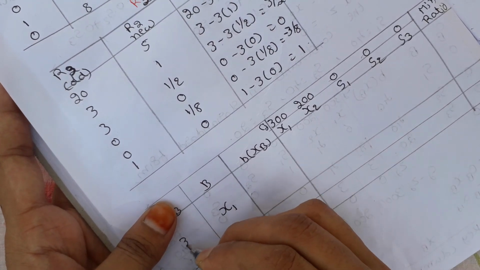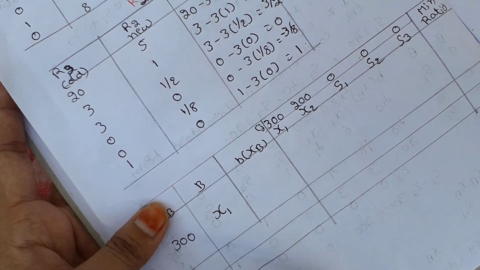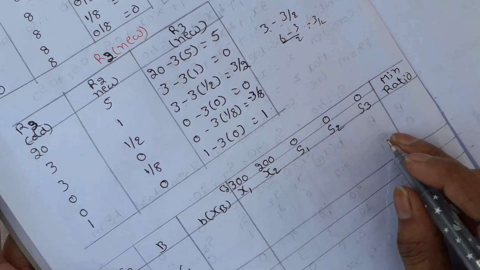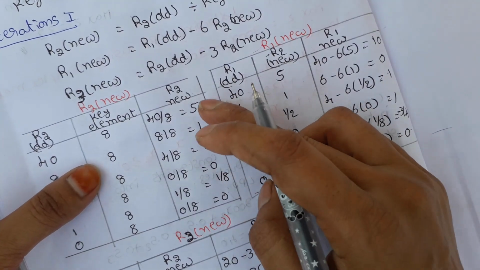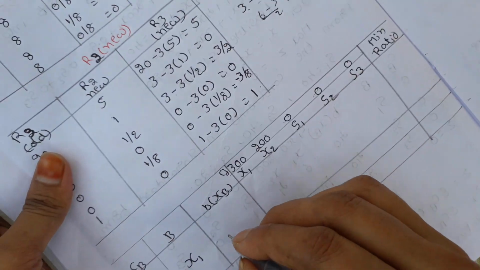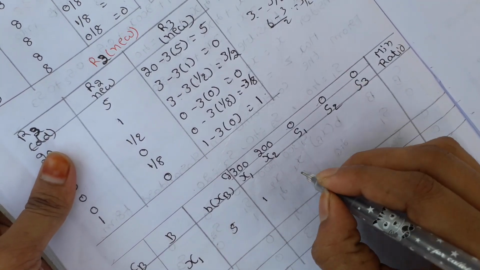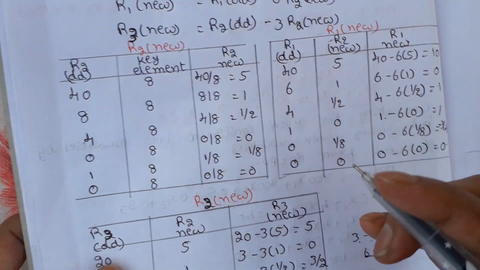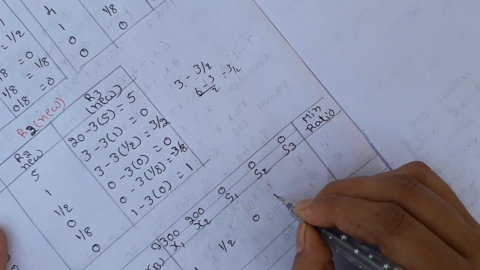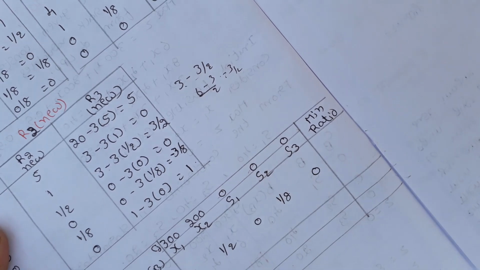X1 and its coefficient is 300. Okay, and now here we will enter the complete data which we have calculated here, R2 new. So 5, 1, 1 by 2, 0, 1 by 8, 0, 0, 1 by 8 again 0.